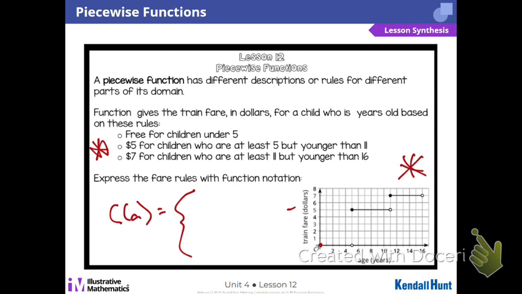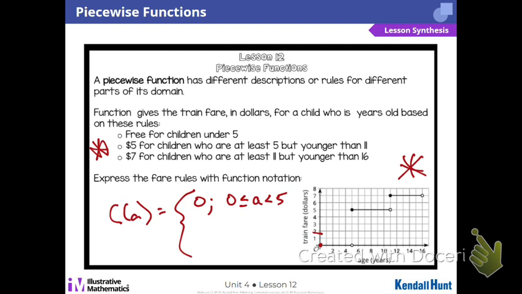The lowest price is $0. How do we get $0? What ages? Age of 0 works. But does 5 work? No. So right here, this says it's free for ages under 5.